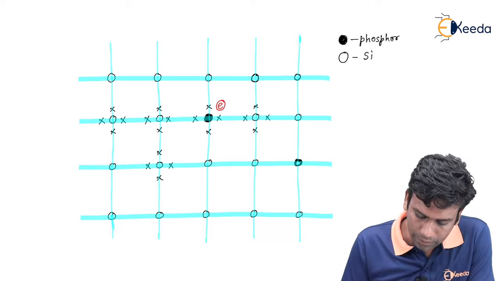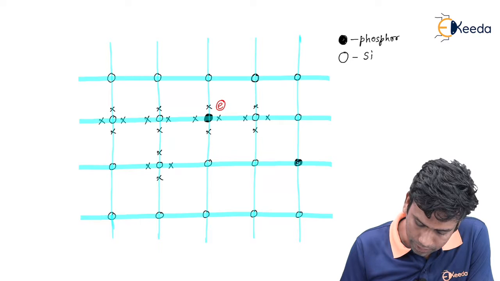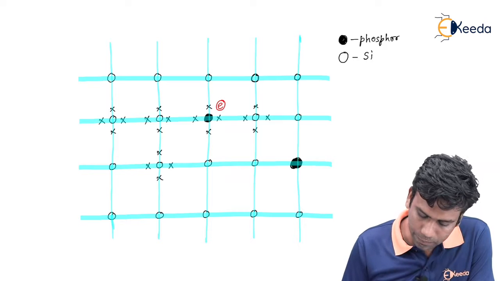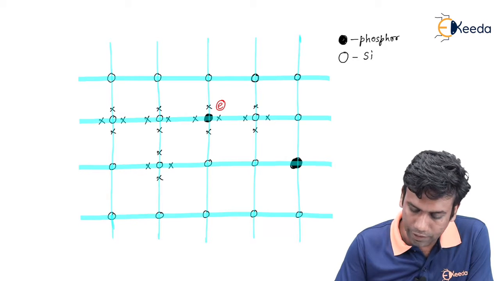In a similar way, if we dope other silicon atoms with a phosphorus atom, suppose there is also a phosphorus atom here. This phosphorus atom will also give a free electron.